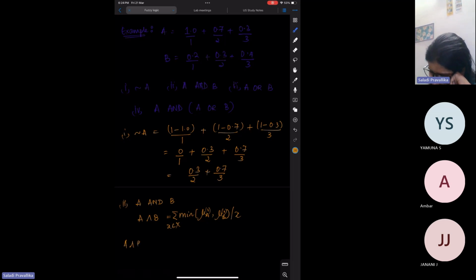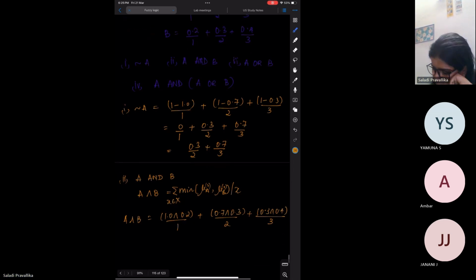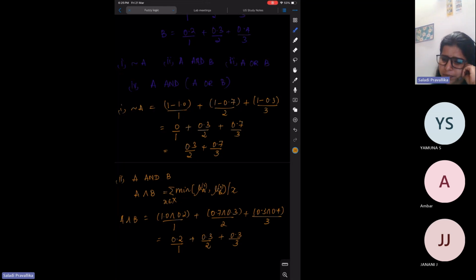A intersection B: 1 intersection 0.2 for given 1, plus 0.7 intersection 0.3 for 2, and 0.3 intersection 0.4 for given 3. So this is going to be 0.2 for given 1, 0.3 for given 2, and 0.3 for given 3. So this is A AND B.